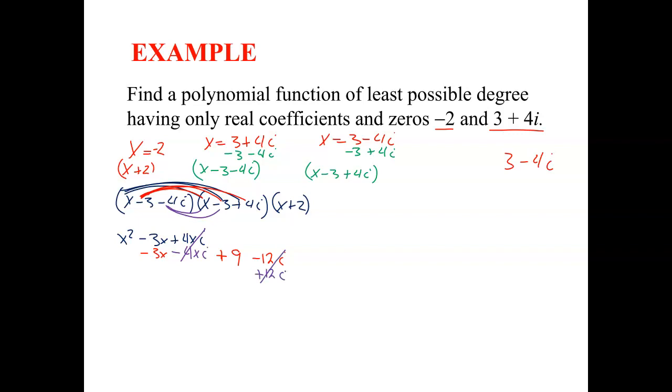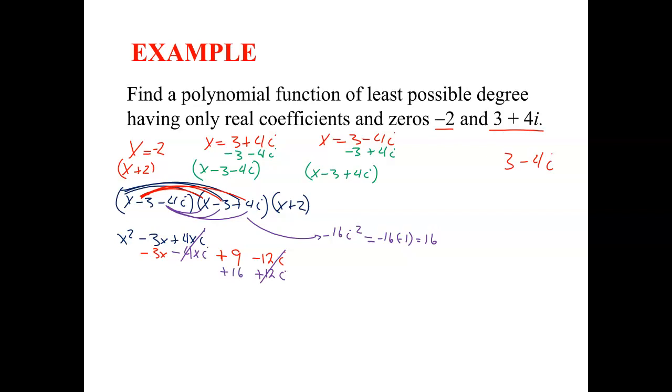And then the last one, -4i times 4i. What's special about i squared? It's -1. So I get from there -16i squared, which equals negative 16 times negative 1, which just gives me a positive 16.